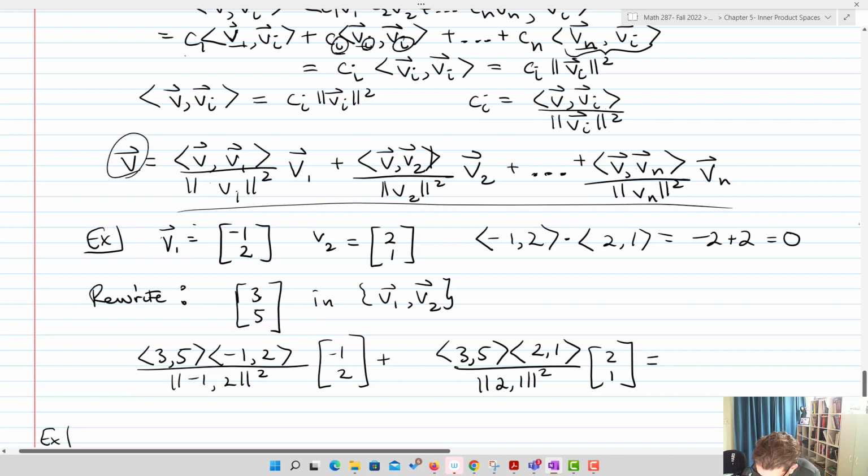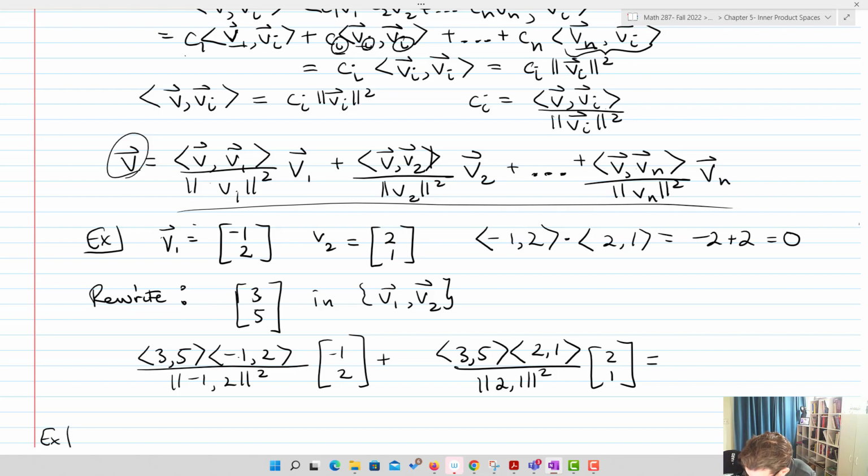And so what we'll get is -3 plus 10, that's 7. So 7 over 5 (the magnitude squared) times (-1, 2), plus 6 plus 5, that's 11, so 11 over 5 times (2, 1).